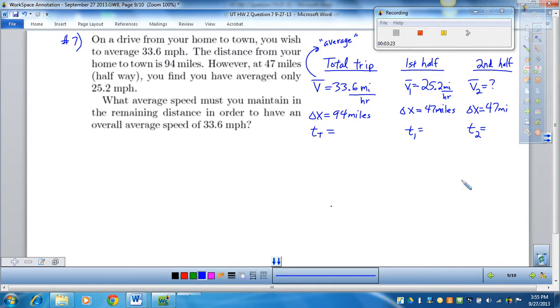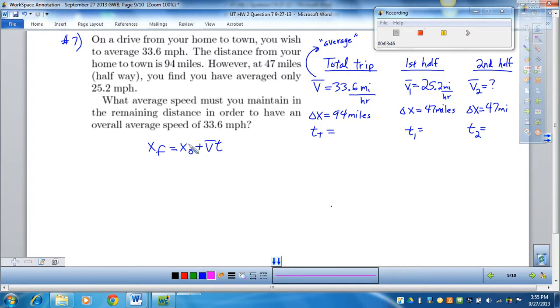The thought would be, step 1, figure out this total time, and figure out this time. A big idea here is one of our gang of 5s that we've used before: final position equals original position plus average velocity times time. I can rearrange that.